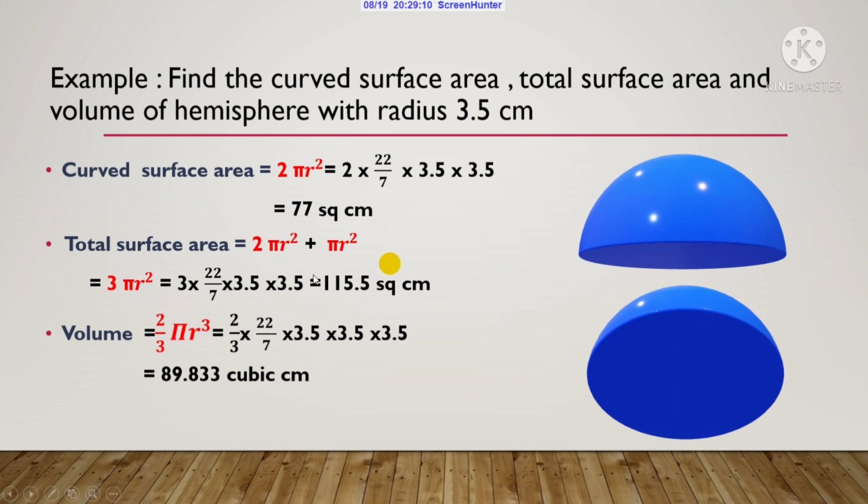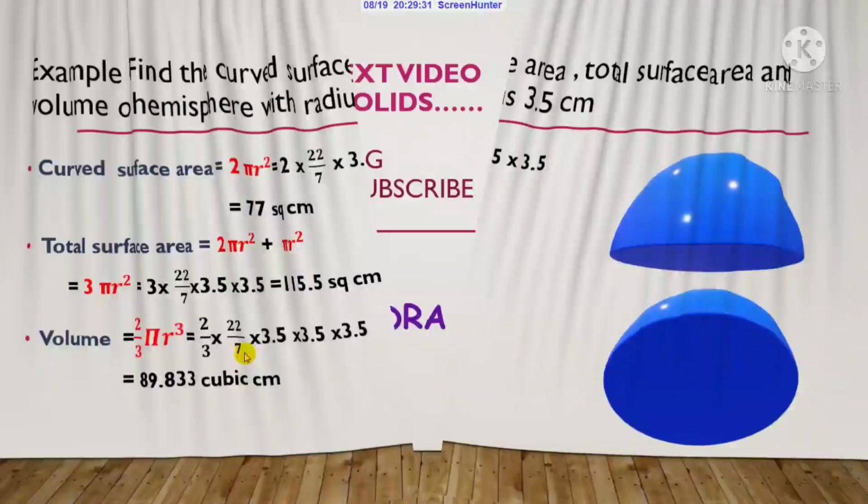Base area is pi r square, so 2 pi r square plus pi r square is 3 pi r square. Instead of r you substitute 3.5, you will get 115.5 square centimeters. Volume is 2 by 3 pi r cube, so it will be 89.833 cubic centimeters.